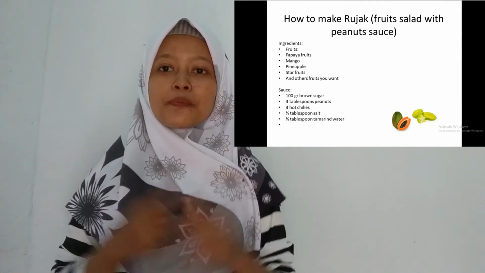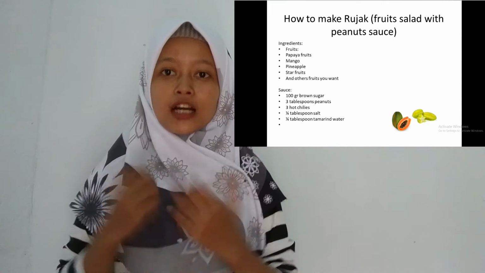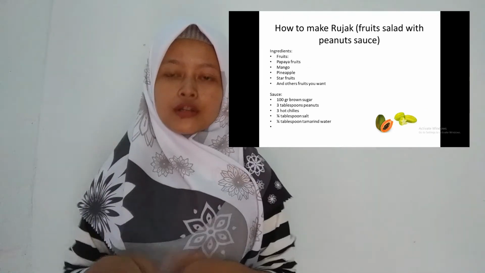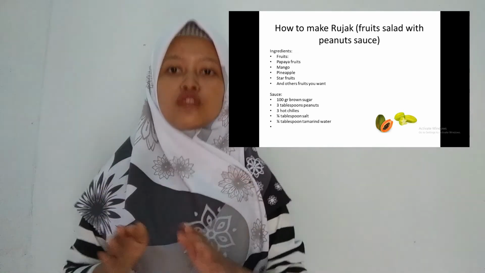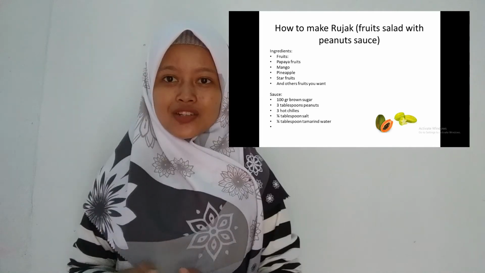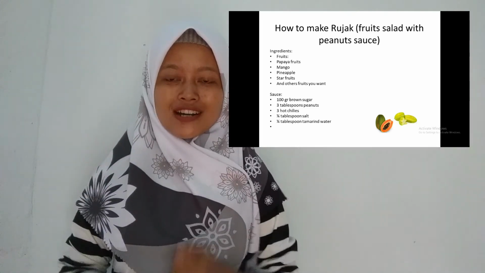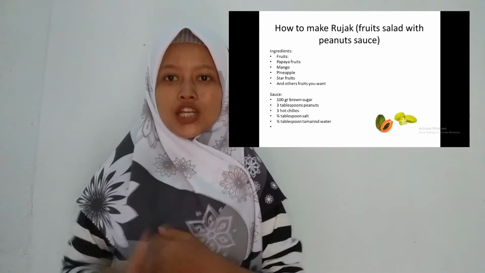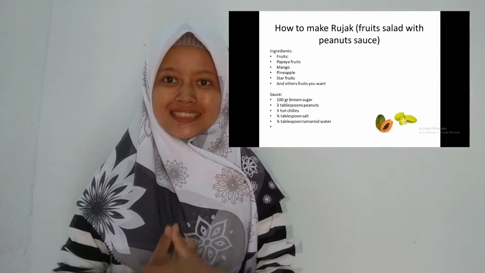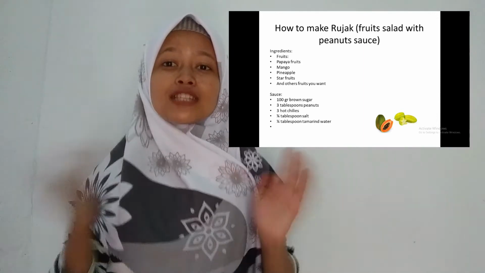Some people might include cucumber or maybe watermelon. Actually, many fruits can be made as rujak. For the sauce ingredients, it is brown sugar, peanuts, chilies, salt, and tamarind water. And then we come to the steps of making rujak.